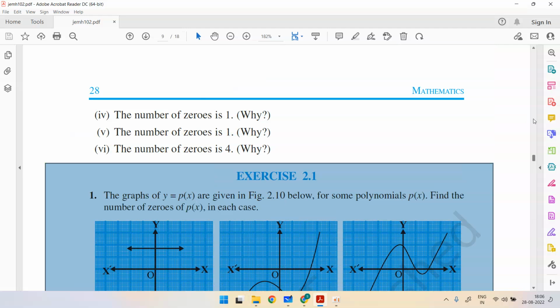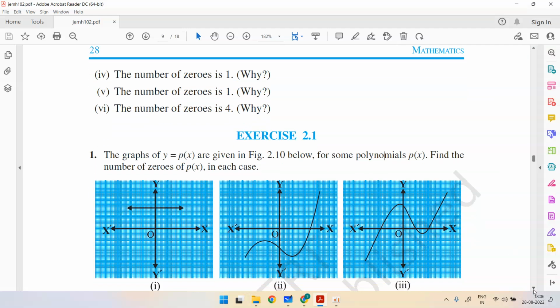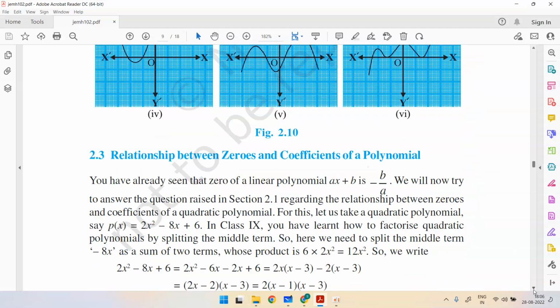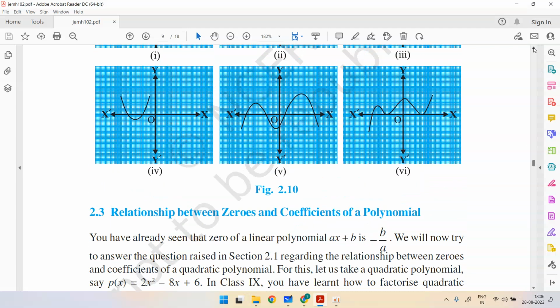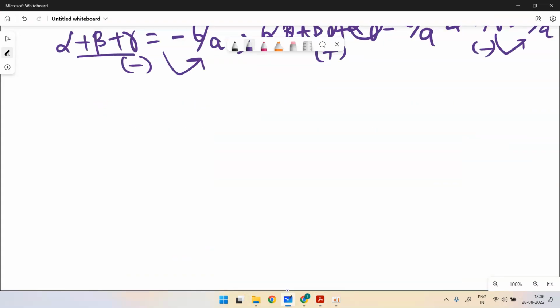Exercise 2.1, question number 1. See, first is this.